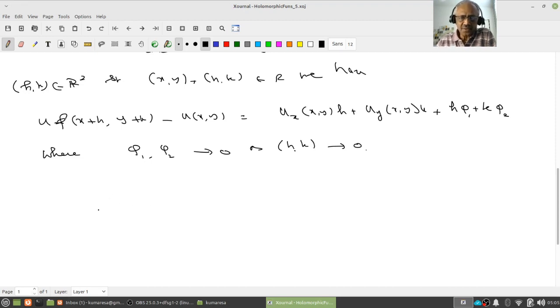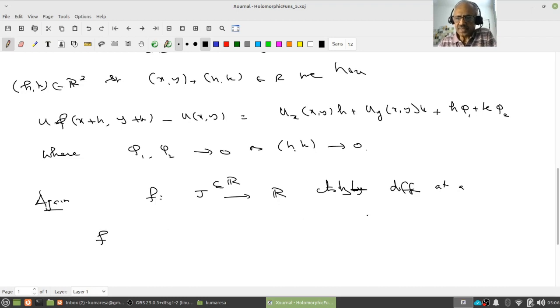Again, let's look at the one variable case. Suppose I have a function f from some interval J to R, continuously differentiable, let's say at a. That is, f dash a exists and f dash is continuous at a.